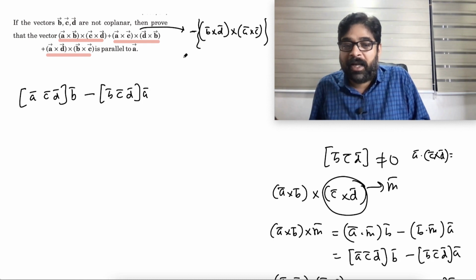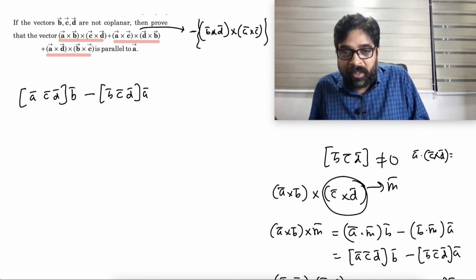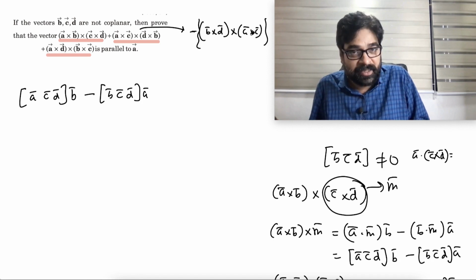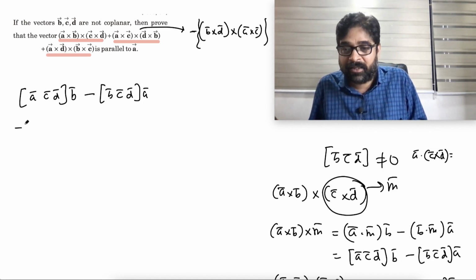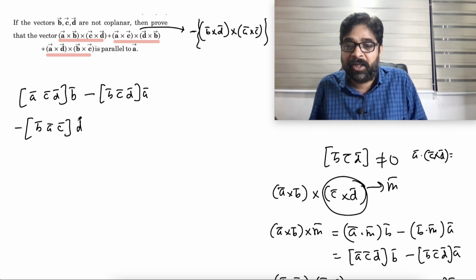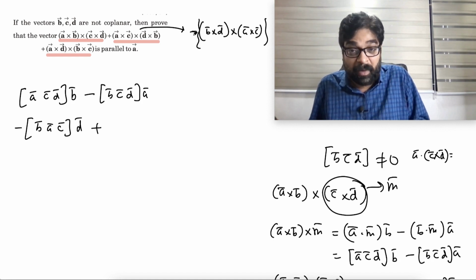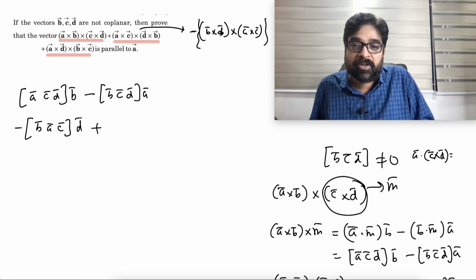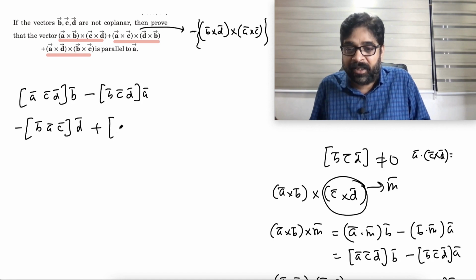Now this point I am expanding. So what will come? Box of B, A, C into D, but minus sign is there. So minus of box of B, A, C into D, and plus, because minus is there outside, no? Box of D, A, C into balance B vector.